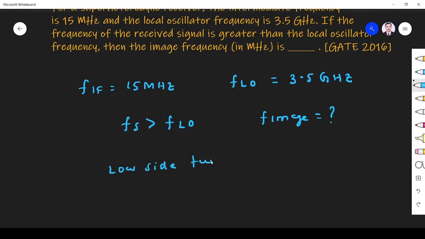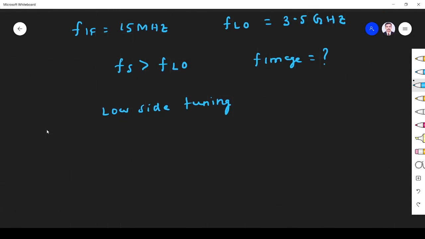So for low side tuning, what is the equation? The equation is Flo equal to Fs minus Fif. They have given the Fif value, 15 megahertz, minus Fs.